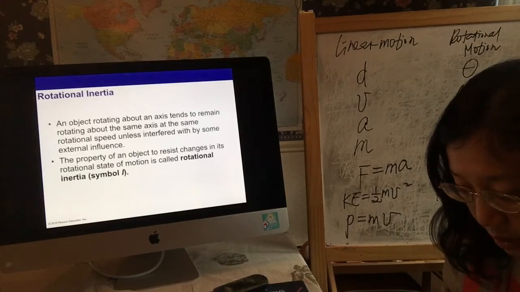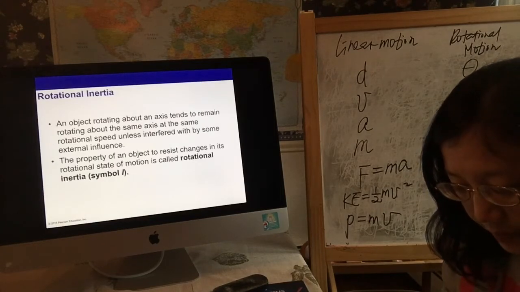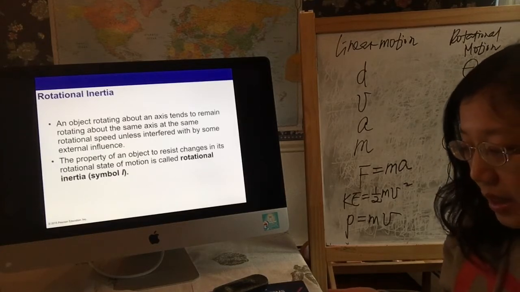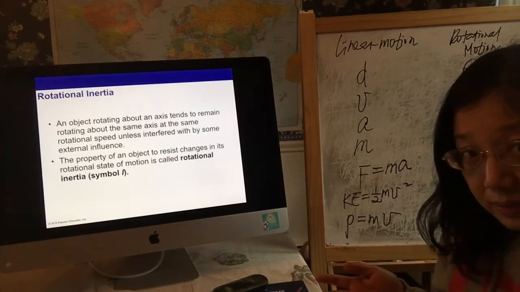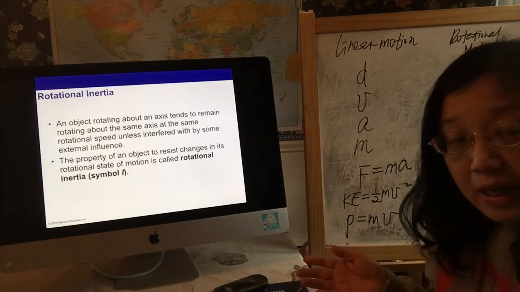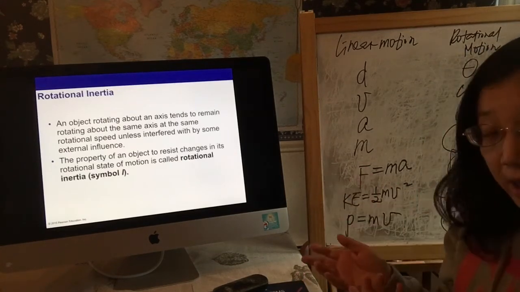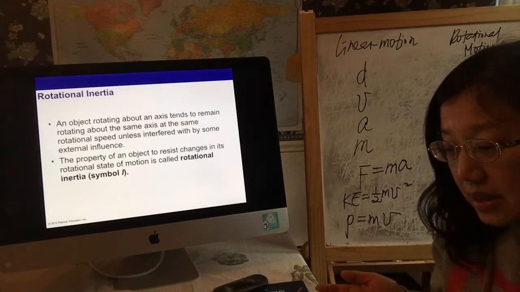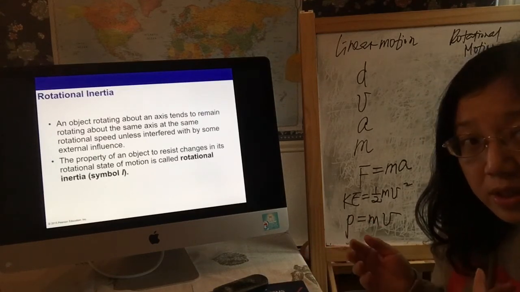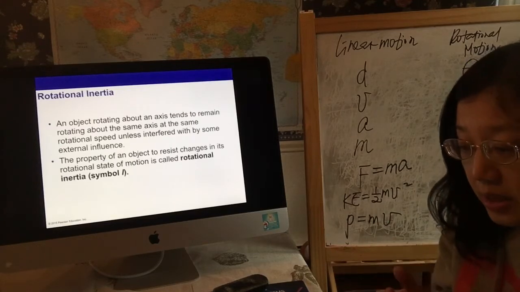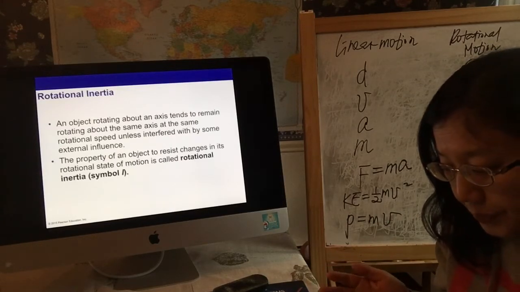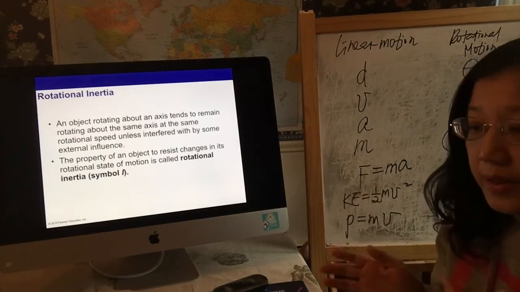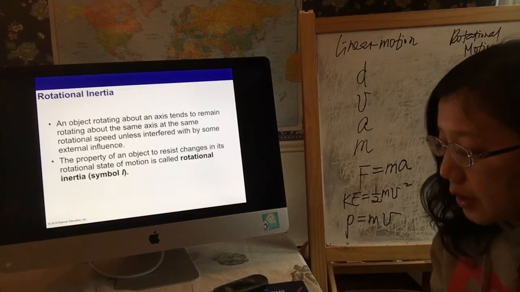Similarly, rotational inertia is the property of an object to resist changes in its rotational state of motion. If something is rotating, rotational inertia is going to resist the change to not rotating. If something is at rest, rotational inertia is going to resist the change to be moving. Very similar to the concept of inertia.